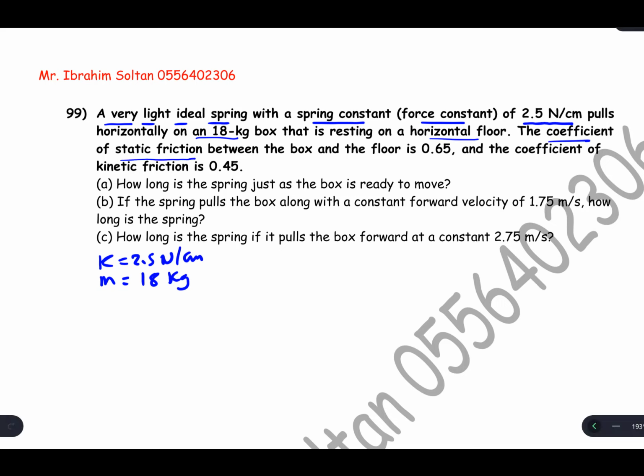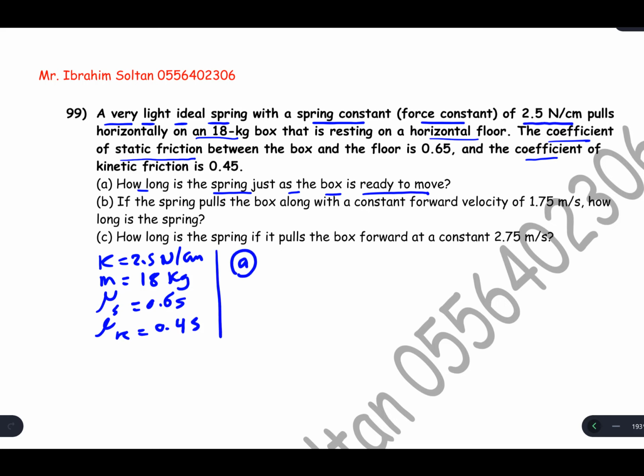The coefficient of static friction between the box and the floor, so mu S equals 0.65, and the coefficient of kinetic friction, so mu K equals 0.45. How long is the spring just as the box is ready to move?